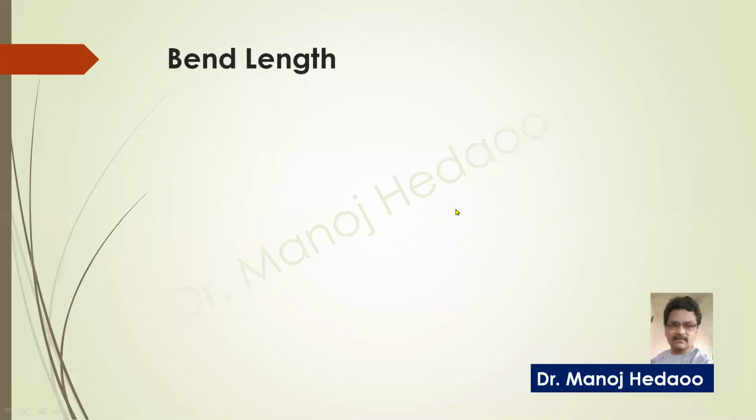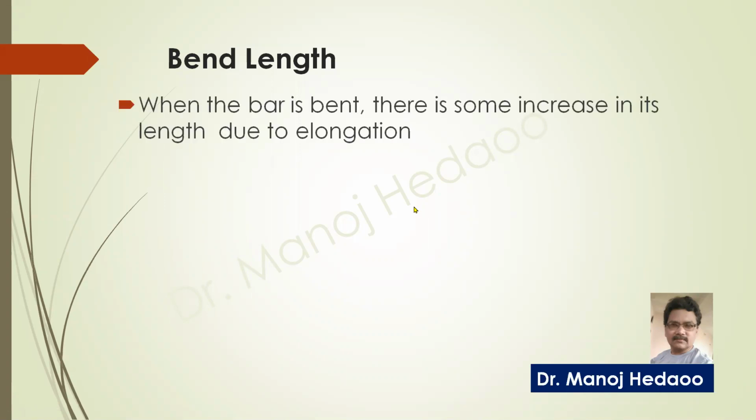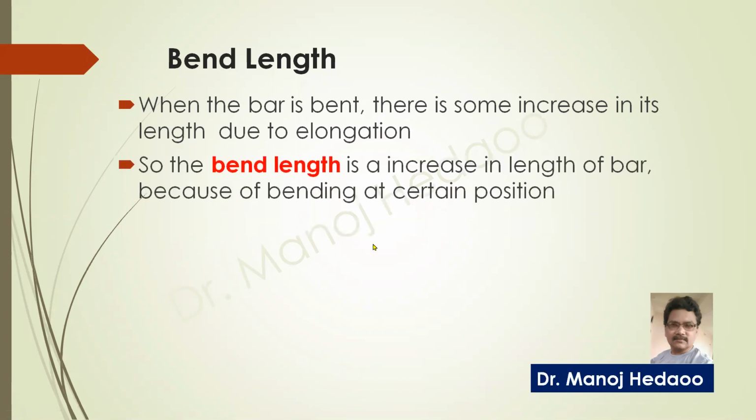Now third important is bend length. Now what is bend length? When the bar is bent, there is some increase in its length due to elongation. So the bend length is an increase in length of bar because of bending at certain position.